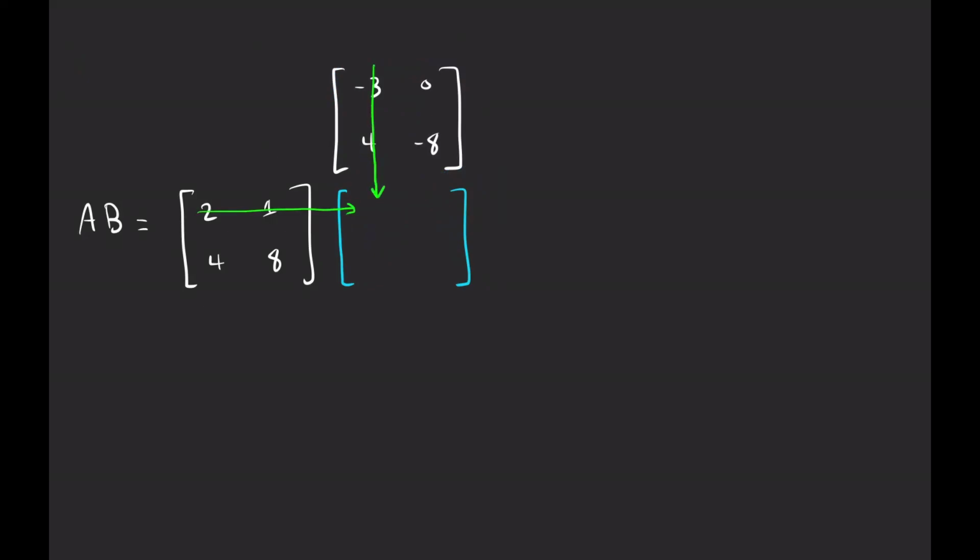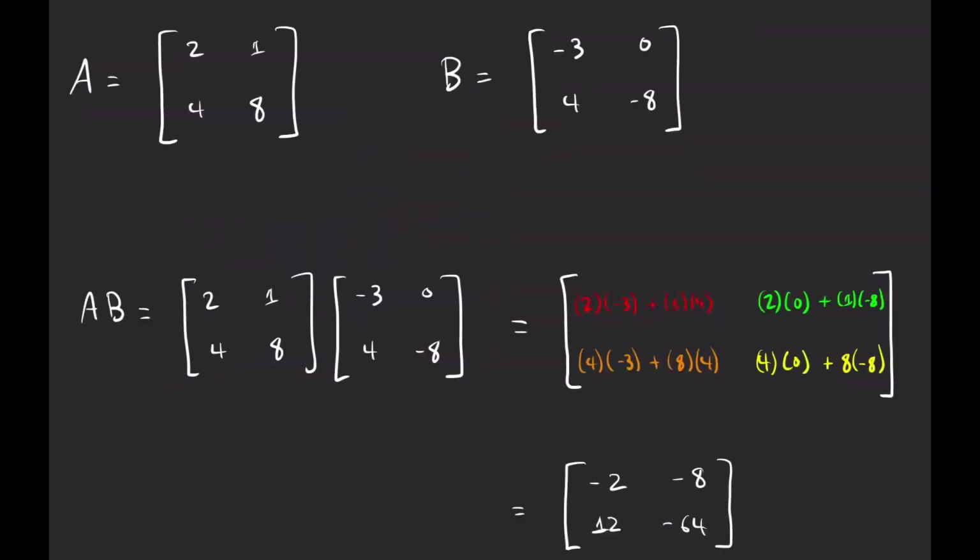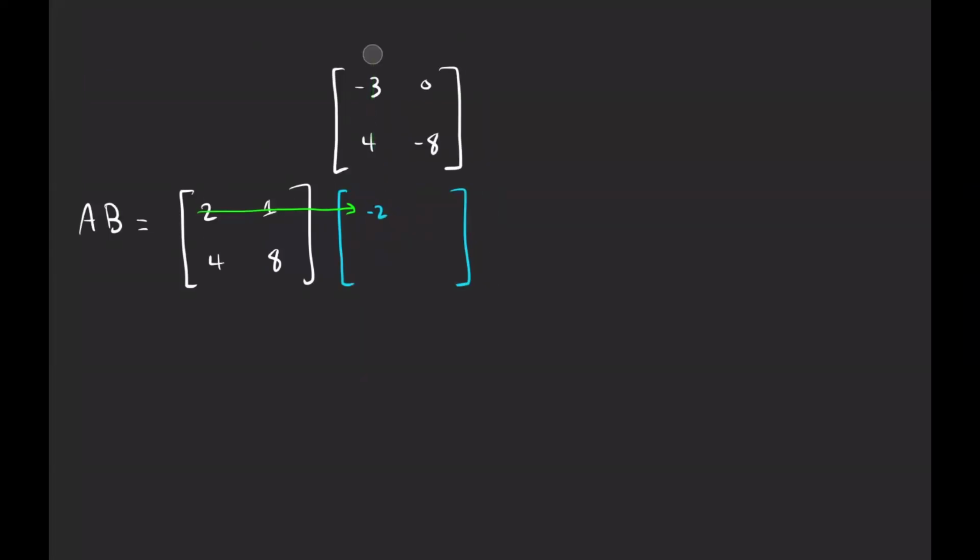I know I'm kind of covering up those numbers a little bit, but right there, you can see how to obtain that top left entry. I just follow the green arrows and I do the same dot product, that same multiplication that we had. When I do that 2 times -3, I get -6, and I take the 1 and the 4, multiply them, I get 4, I add those together, I get the -2, the same -2 that we had before. I can keep doing this.